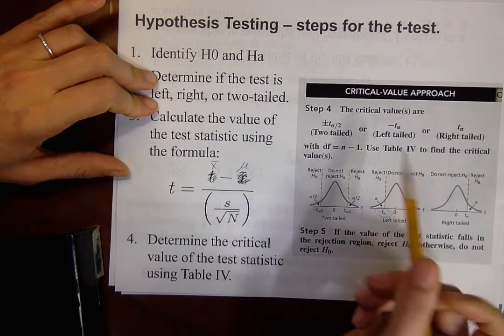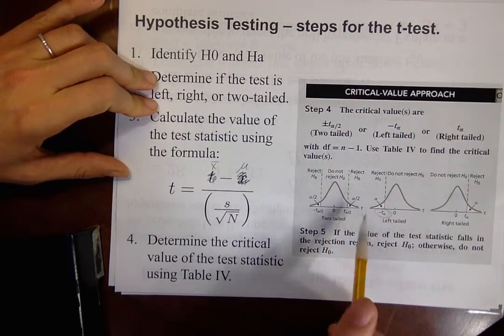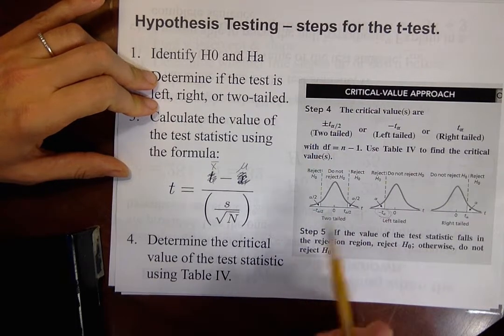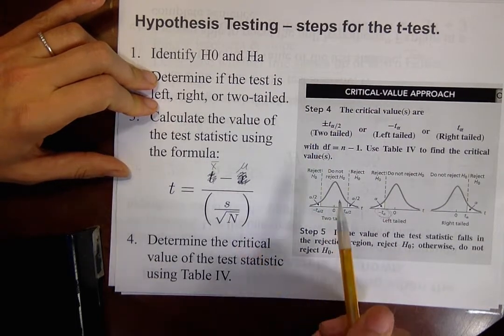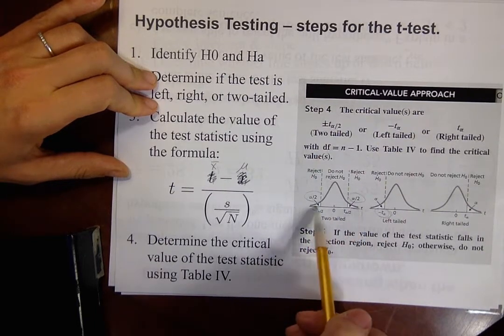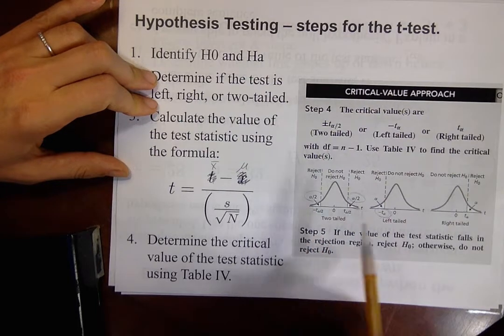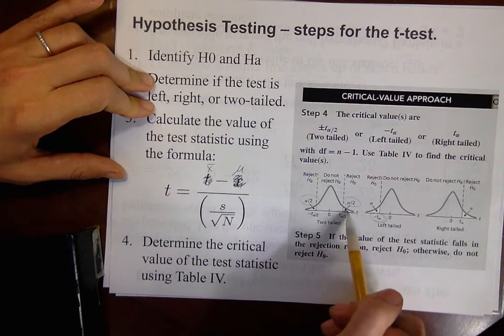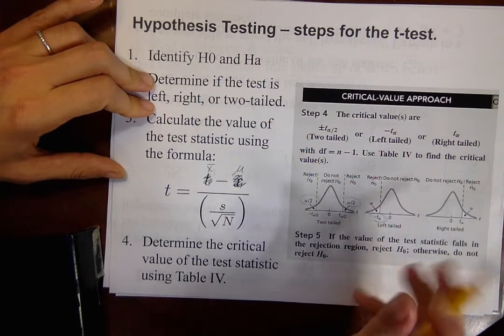If this had been a two-tailed test, then we would have been looking for a different number altogether, because our alpha value was 5%. So we have to divide that 5% among the top half of the curve and the bottom half of the curve. That means we would only be looking for something that corresponds to 2.5% of the area under the curve.